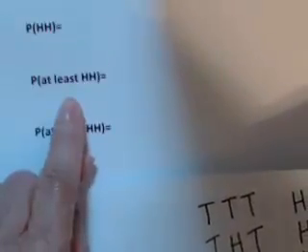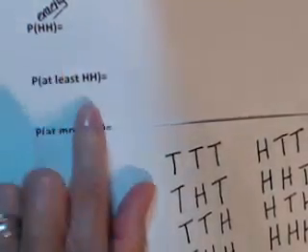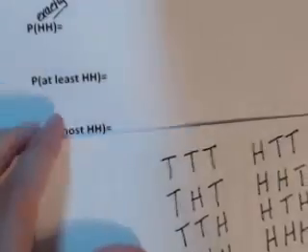If we say at least 2 heads, there are 4 out of 8. So this we will count as exactly, and this we will count the 3 heads in a row.